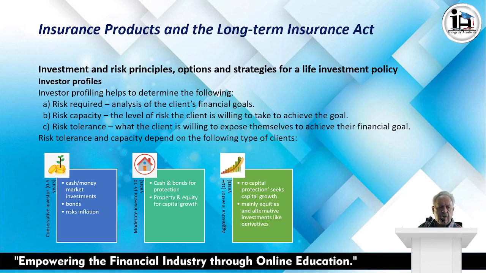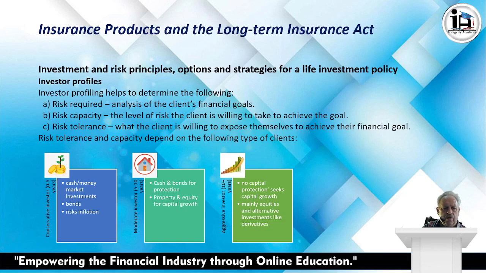Risk tolerance and capacity depend on the following types of clients. So we've got there in the first block a conservative investor. They've got 1 to 5 years to invest. So typically for them, you'll invest in cash or money market investments and bonds, but there is a risk of inflation for them. Your moderate investor is willing to invest for 5 to 10 years.